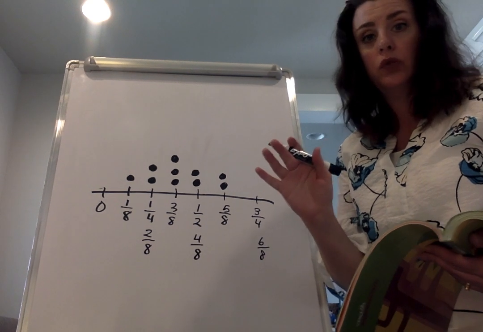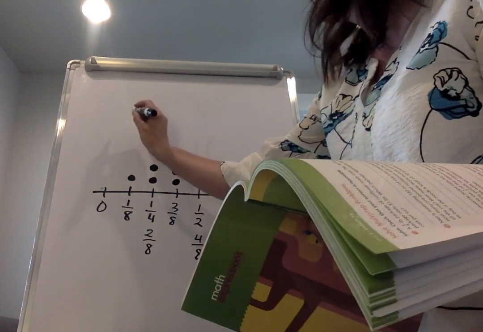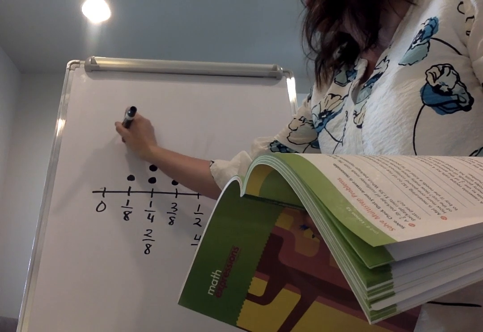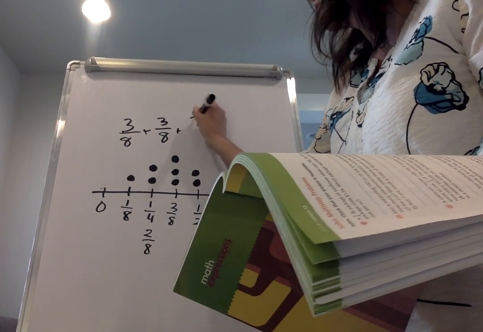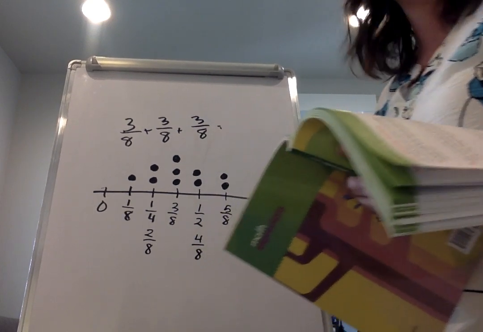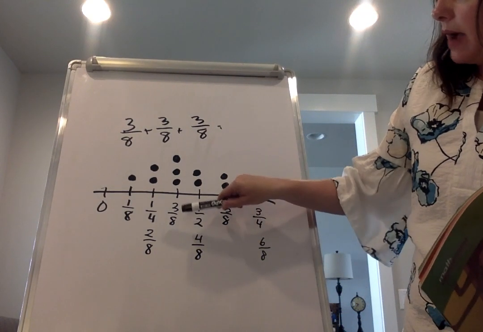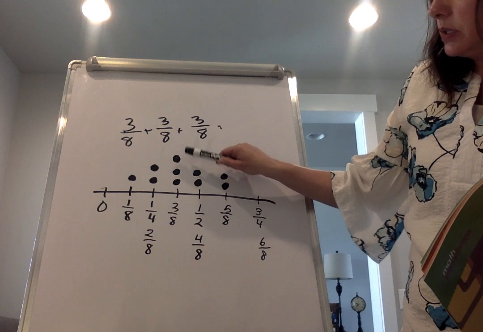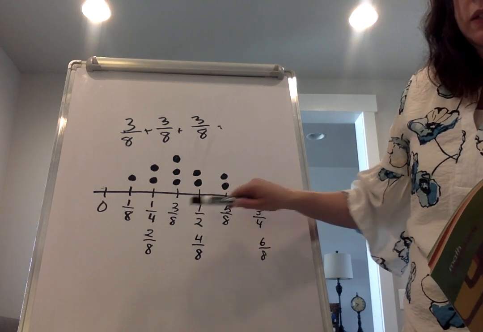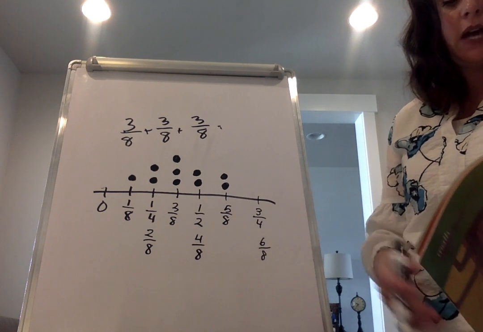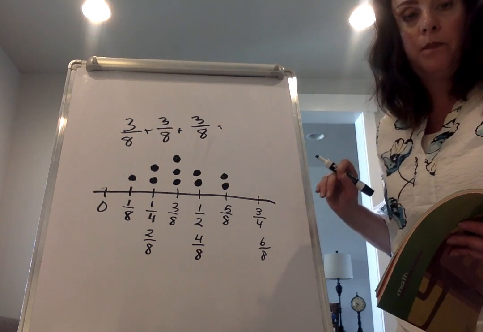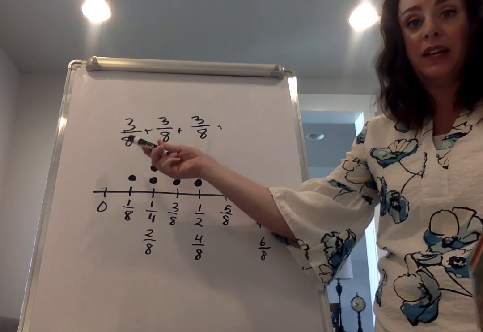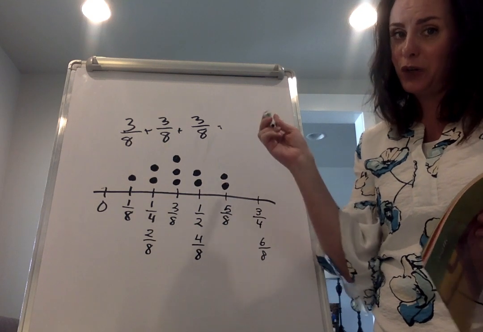So in order to do this, we would do 3/8 plus 3/8 plus 3/8. Okay, because we have 3 samples, 1, 2, 3, that each weigh 3/8 of a pound. And if we want to find out what they weigh together, the total weight, we're going to add them all up. We can do that right now because they all have the same denominator, so we're good to go.